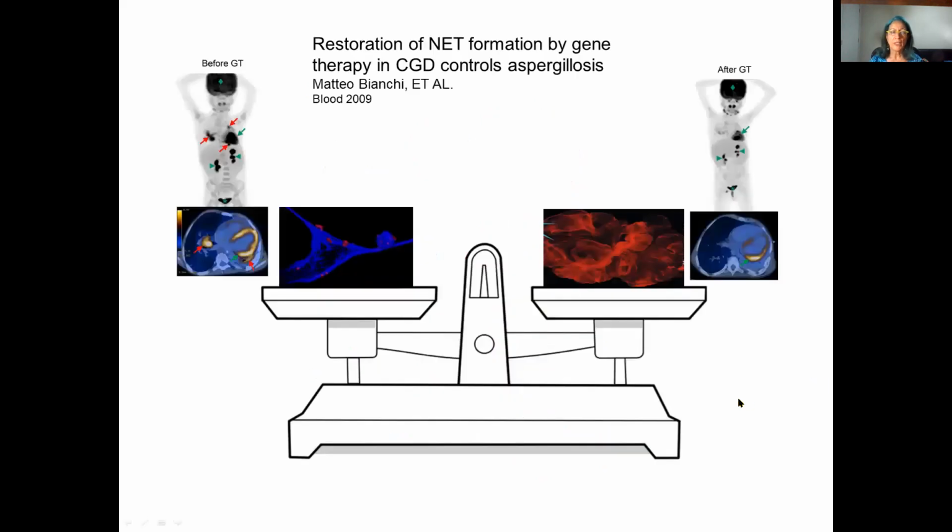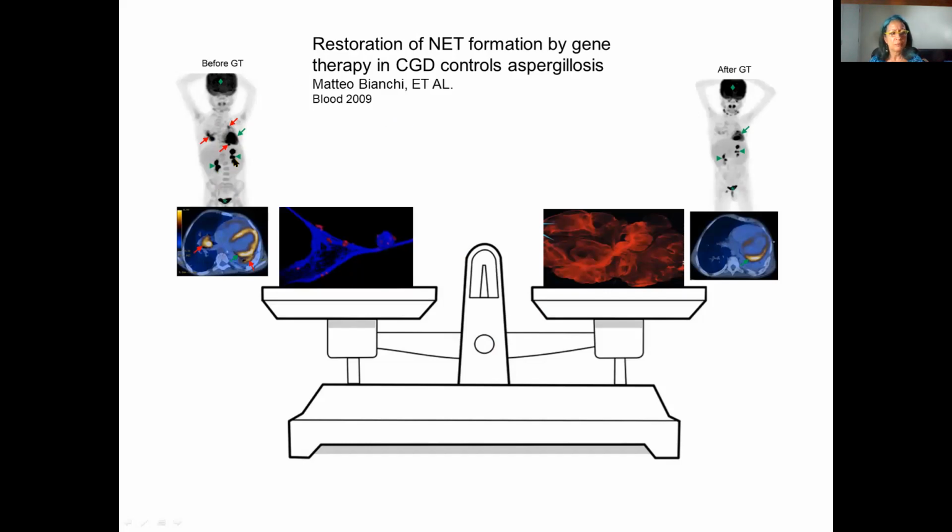So till today, we don't know if NETs are good or bad. What we observe is that if you have an infection and you produce very few NETs or none, like in this case, an infection with Aspergillus nidulans, if I'm not wrong, this is a person that was infected.